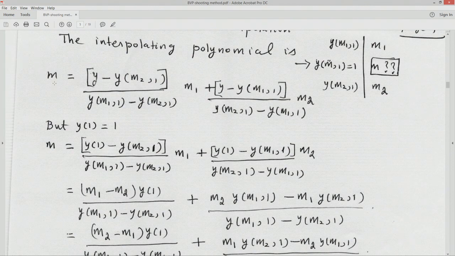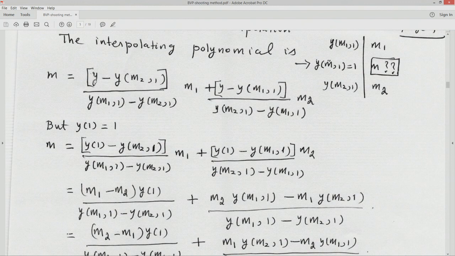So, we know that m is given by (y minus y of m2, 1) by the difference (y of m1, 1 minus y of m2, 1) multiplied by m1, plus (y minus y of m1, 1) by (y of m2, 1 minus y of m1, 1) into m2. But what do we want? We want that m for which y at 1 is equal to 1.